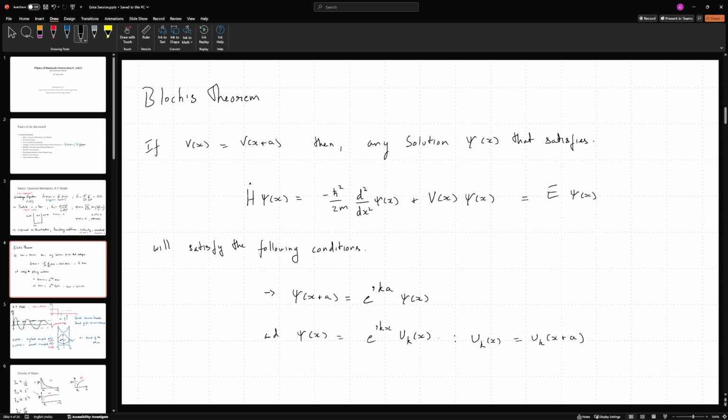Mind you, the wave function itself is not periodic. So if I take psi of x going to psi of x plus a, you can just quickly look at this here.